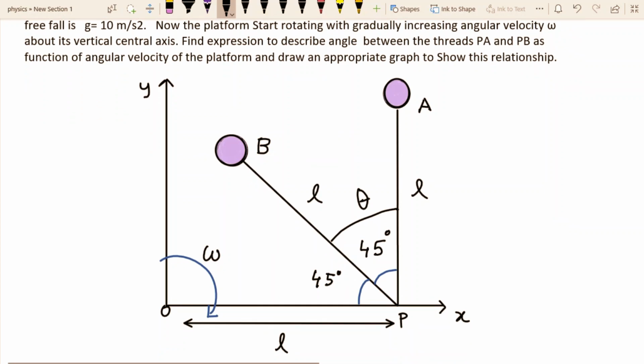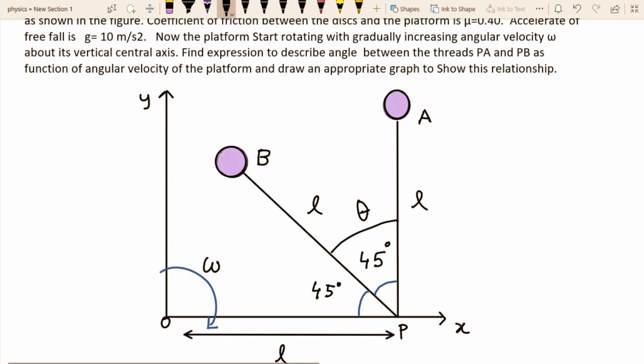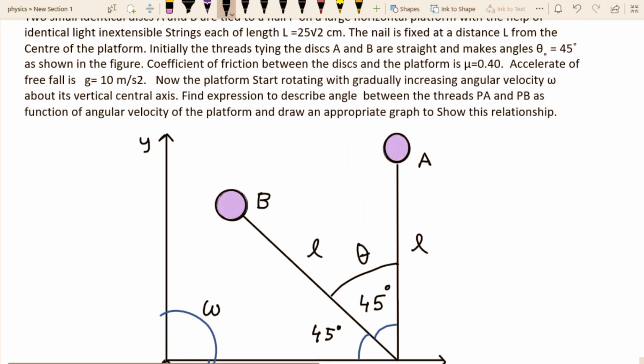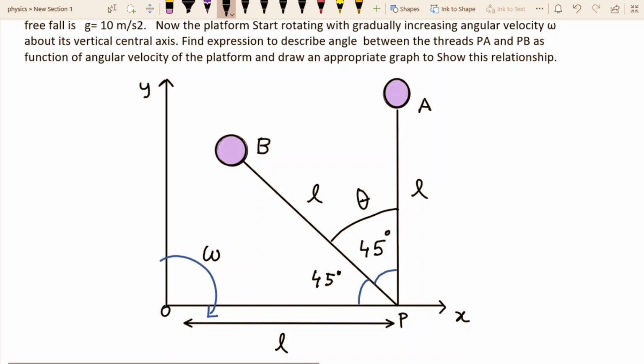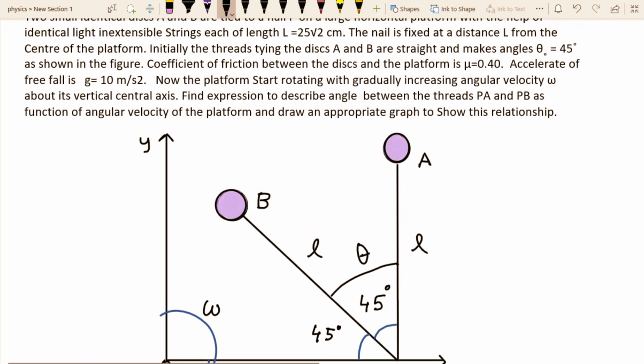PA and PB. Initially this theta value is 45 degrees, but whenever the platform starts rotating with some angular speed omega, which is not constant since the platform gradually increases its angular velocity, the value of theta will change because the disks will move.